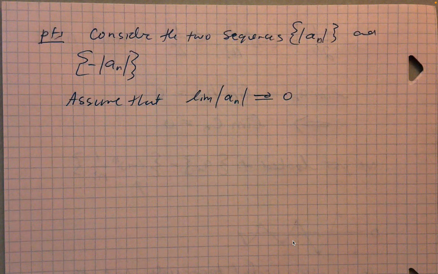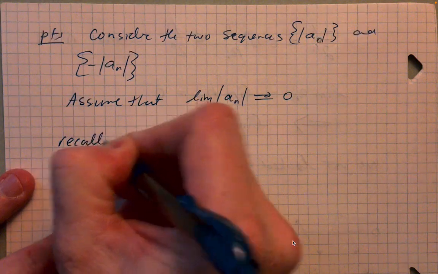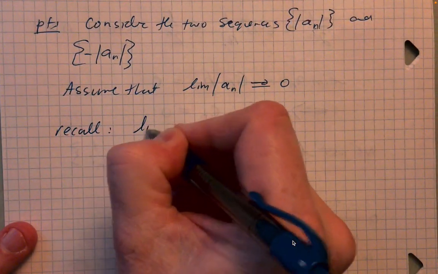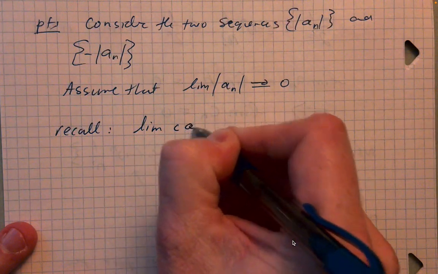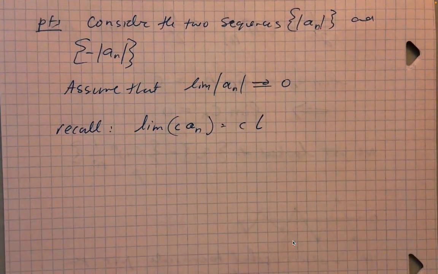Now, consider this. Recall this property of limits: the limit of c times a of n is just equal to c times the limit. That was a property we had for limits.